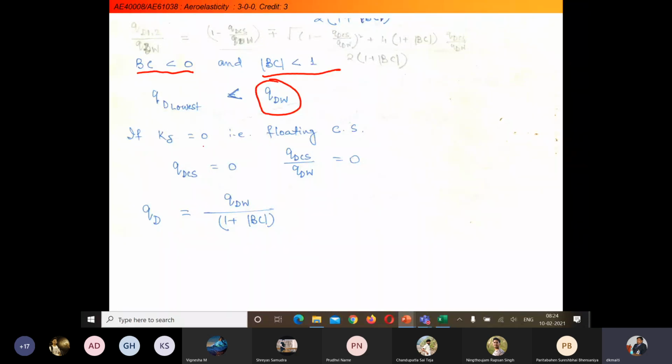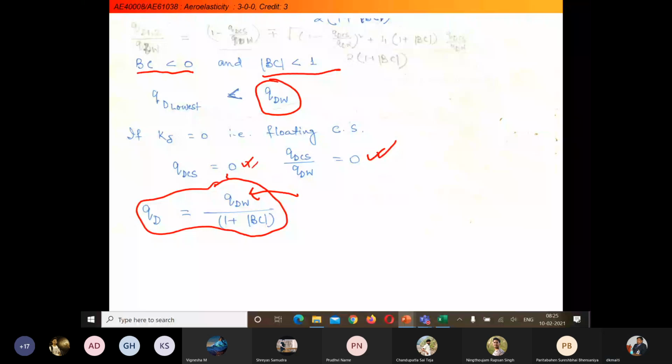Substituting this value, we finally get QD as QD wing divided by 1 plus mod of BC, which is lower than the actual value of the divergence of the wing without control surface. What we are considering here is that QD wing is the divergence of the aerofoil section without considering the control surface.